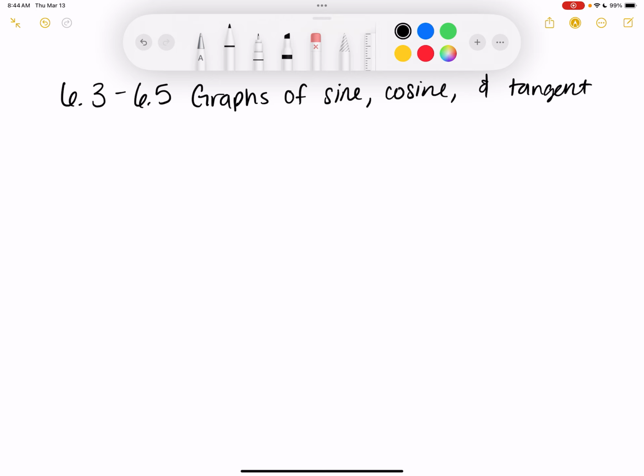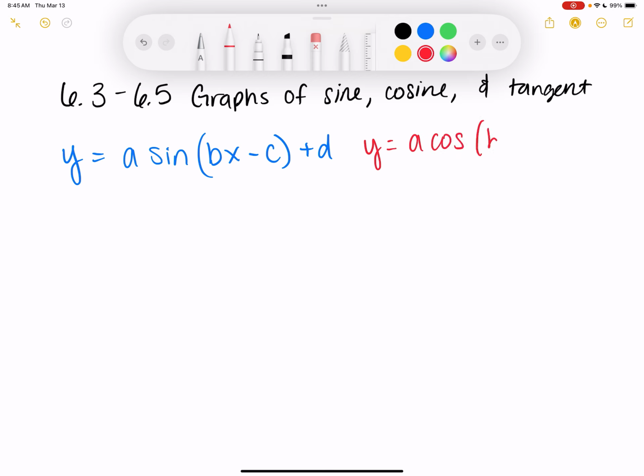So our general form, I'm going to start with sine and cosine, would be y equals a sine of bx minus c, plus d. And cosine would be y equals a cosine of bx minus c plus d.